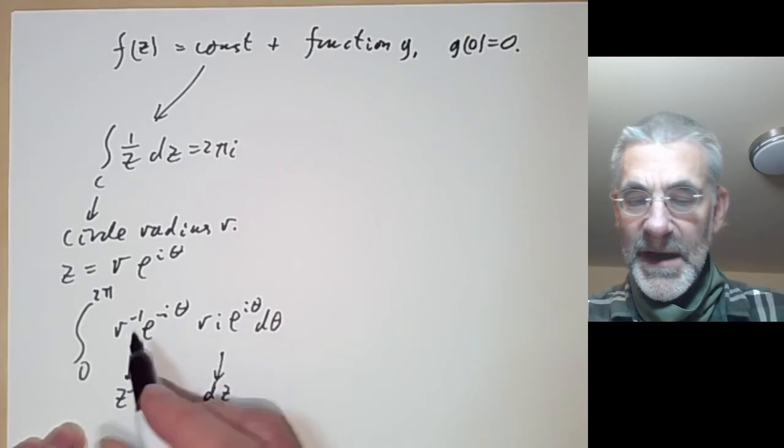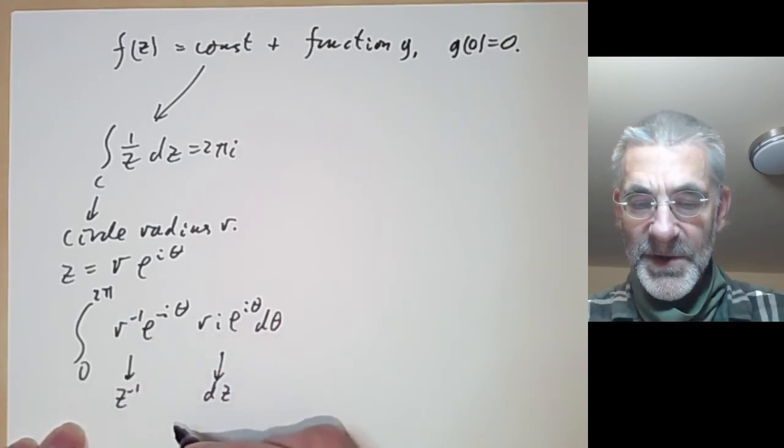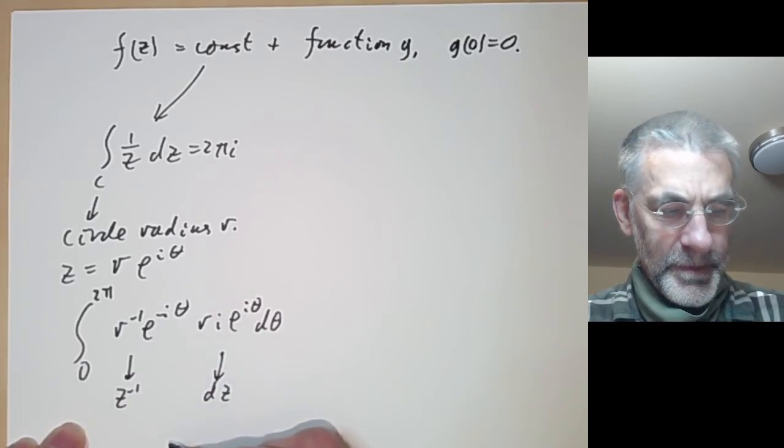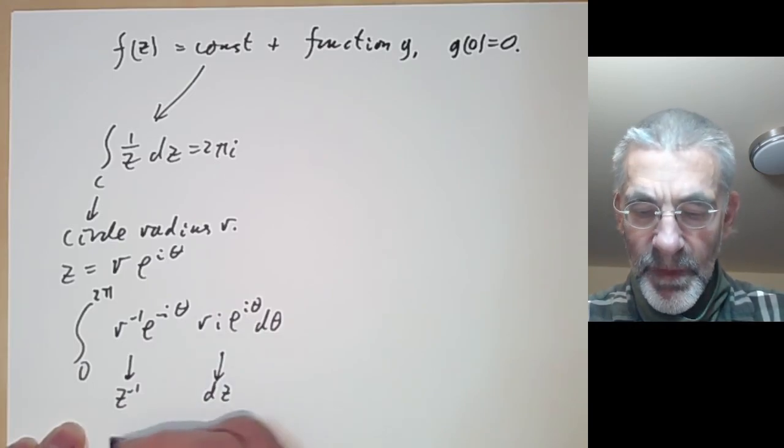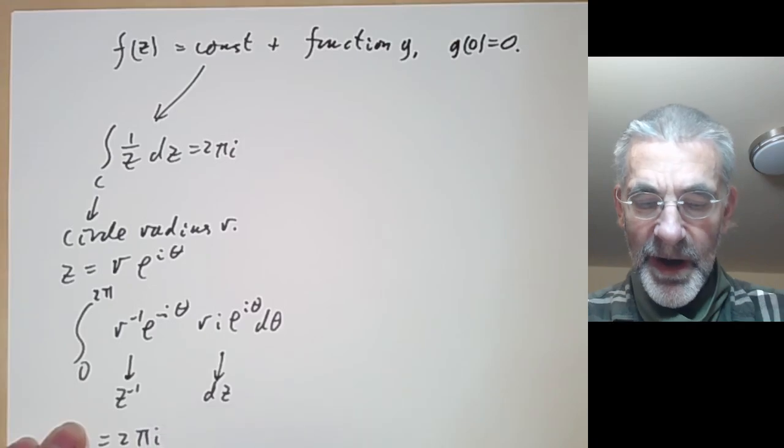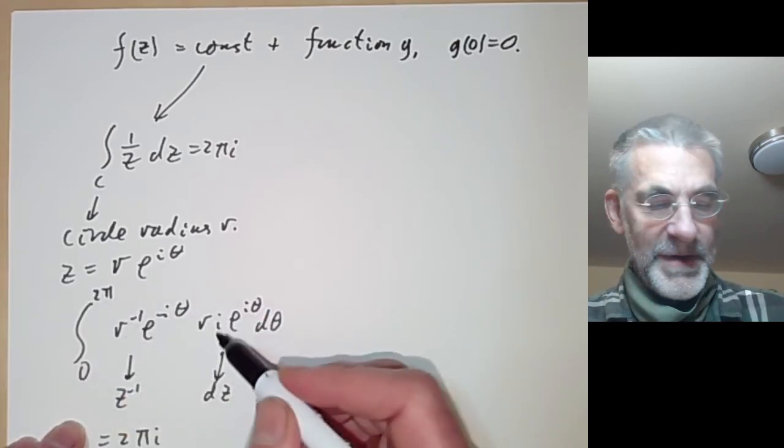Almost everything cancels out, and we get that this integral is equal to 2 pi i. It's just 2 pi times this factor of i here.